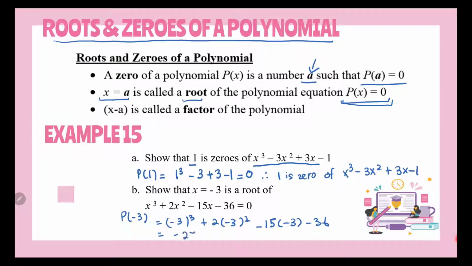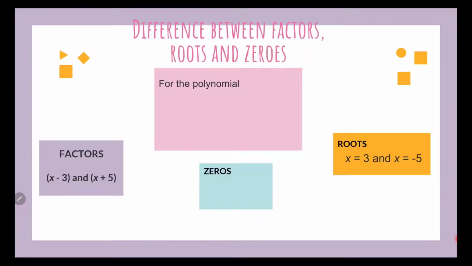We will be getting negative 27 plus 18 plus 30 minus 36, which will give us 0. Since p of negative 3 is 0, we can say that x equals negative 3 is a root of p(x). Okay, students?